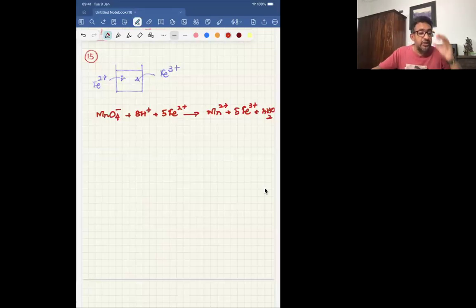25 milliliters of the original mixture was acidified with dilute sulfuric acid and required 22.5 milliliters of 0.02 molar KMnO4 potassium permanganate.